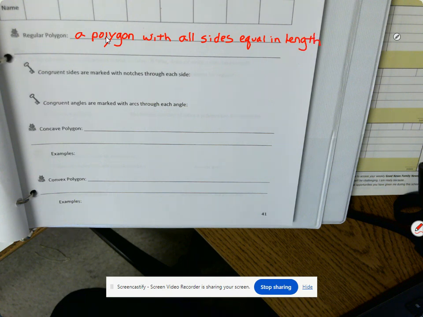They are all congruent. And all angles are equal in measure.